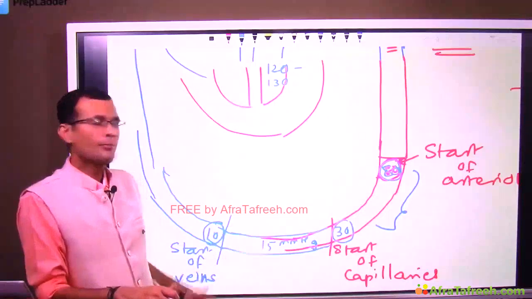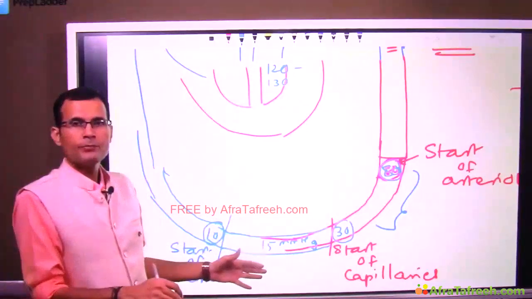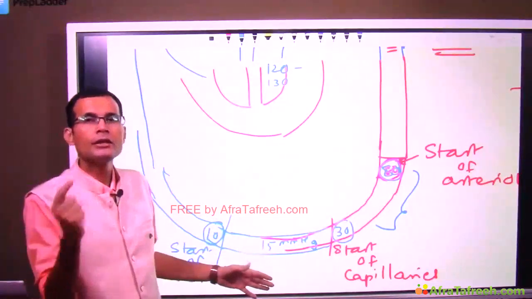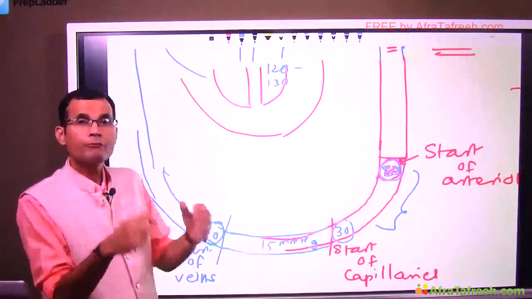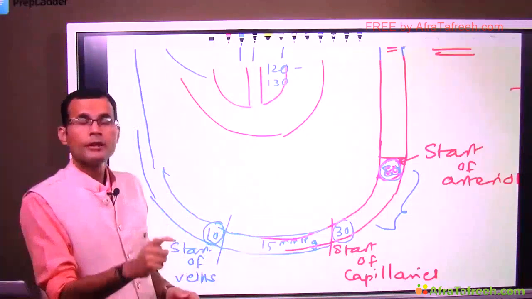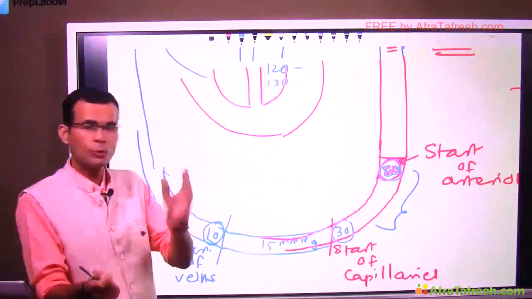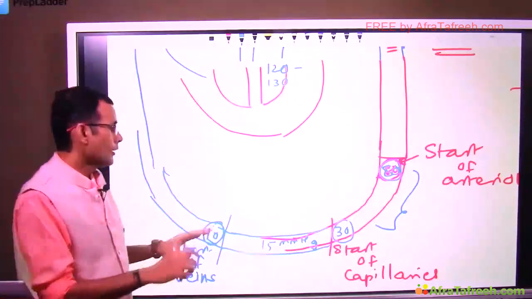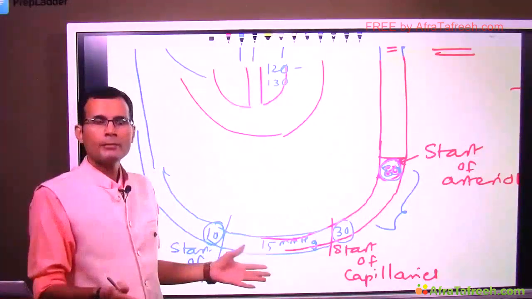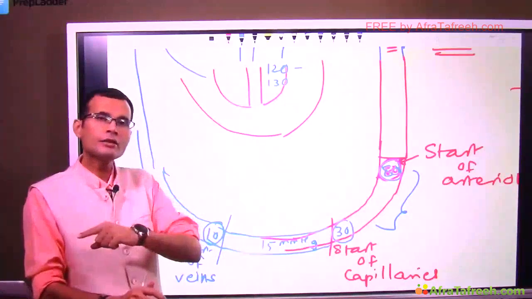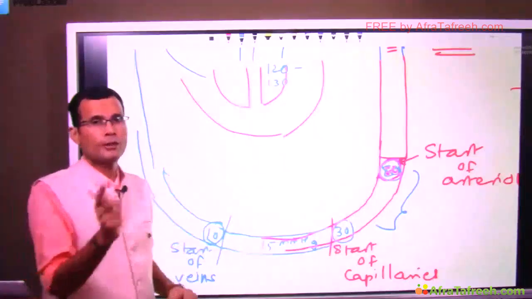Please remember, this capillary pressure is highest in the renal circulation. In the glomerular capillaries, it is 4 times this. It's 60 mm of Hg in the glomerular capillaries. So just correlate these things. It is 15 in the capillary beds everywhere, but in the renal circulation, in the glomerular capillaries, it is 4 times.